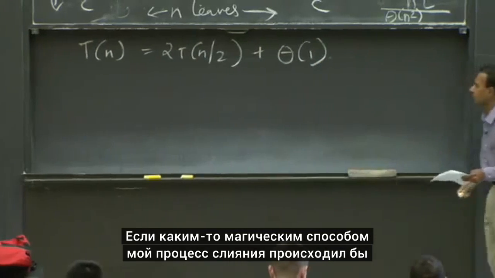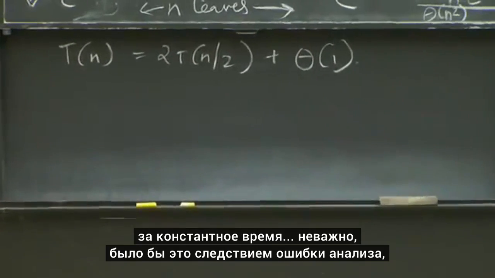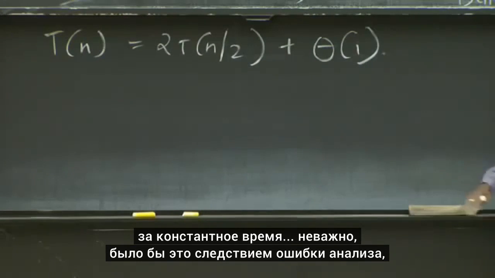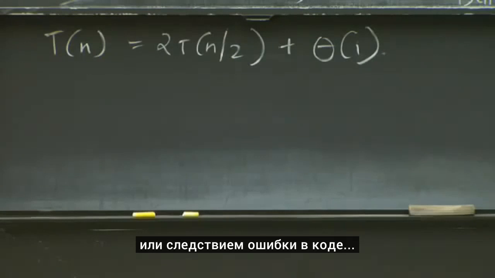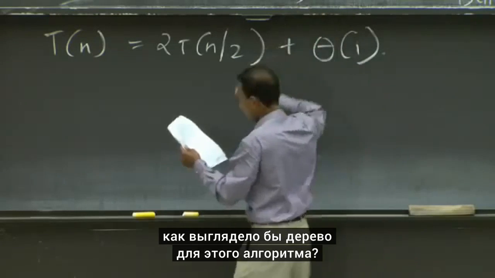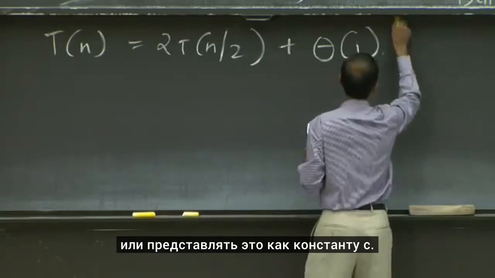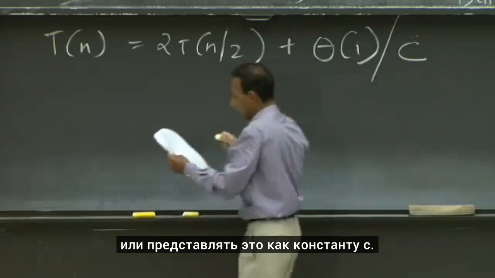So if I had magically a merge routine that actually happened in constant time, either through buggy analysis or because it was buggy, then what does the tree look like for that? I can think of this as being theta 1, or just a constant c. I'll stick with that.